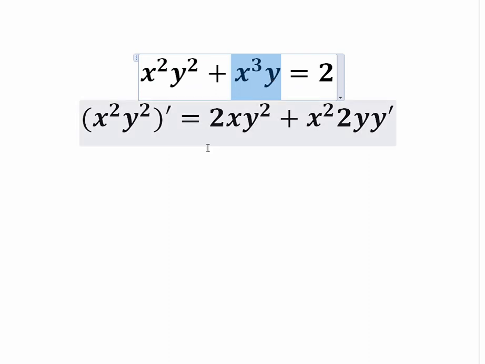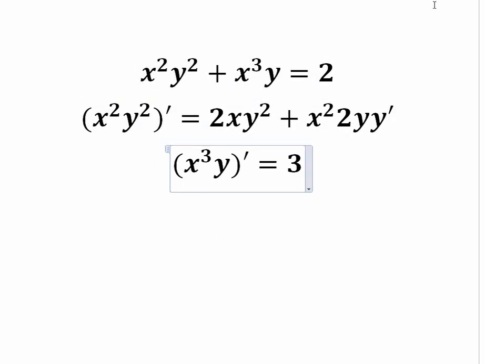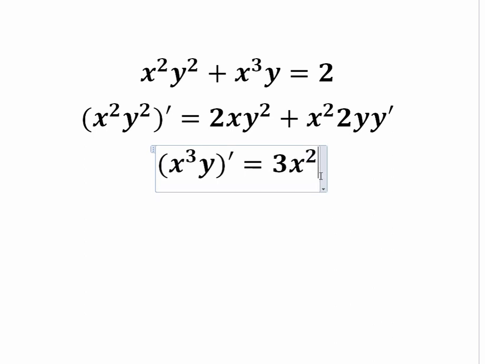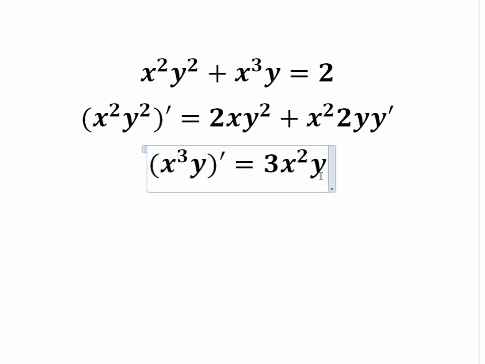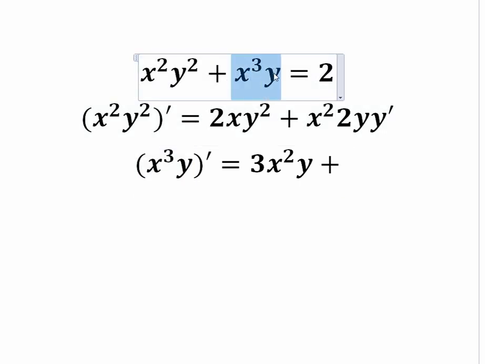And then let's differentiate that term, and we know our derivatives respect addition, so we can just add them together. First we differentiate this x cubed with respect to x, so we will get 3x squared times y, and then plus we will simply get x cubed, and then simply y prime.